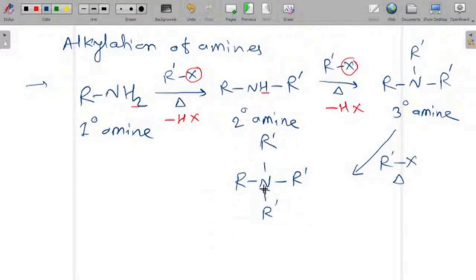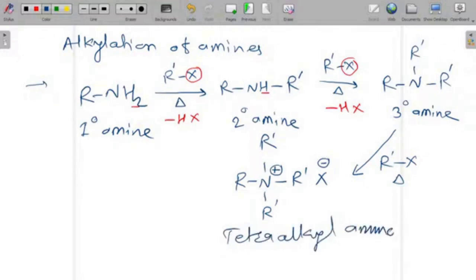So this is tetra alkyl ammonium halide. This is the salt, tetra alkyl ammonium halide. Salt is formed in this reaction.